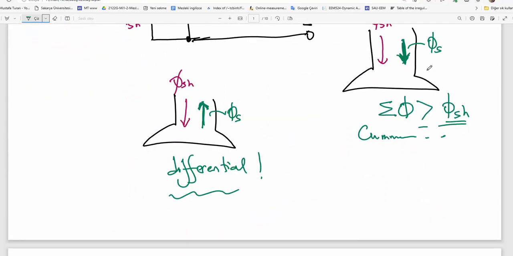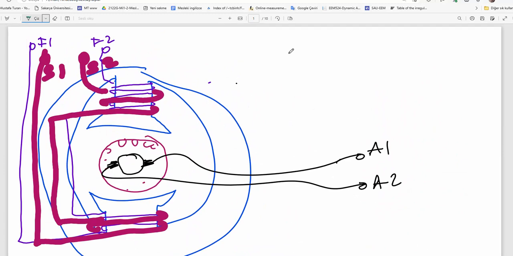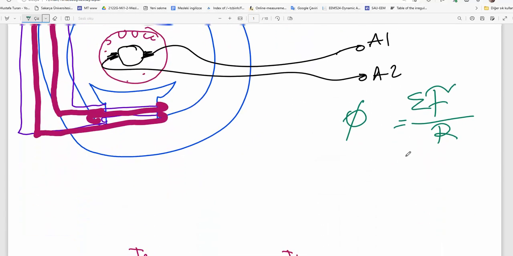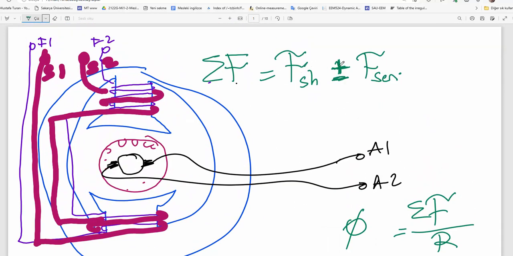Here are some ampere turns, you know. Here are some MMF coming from shunt and series ones, so that would be positive or negative. That is the total MMF. Total MMF over reluctance will result in total pole flux. So the connection of the winding is important. It would be cumulative or differential.